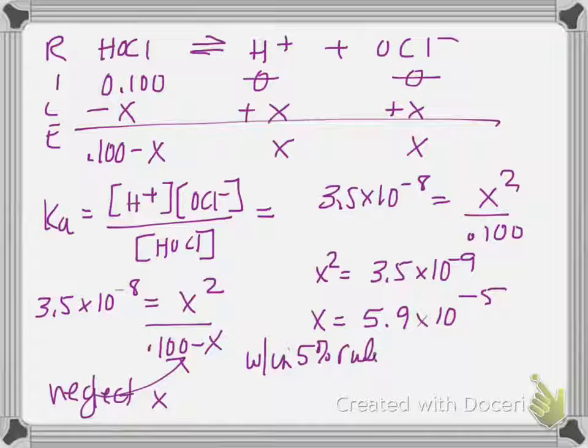So now this is equal to, and this is what I would say, don't just say X, say X is equal to that, which is equal to the hydrogen concentration.